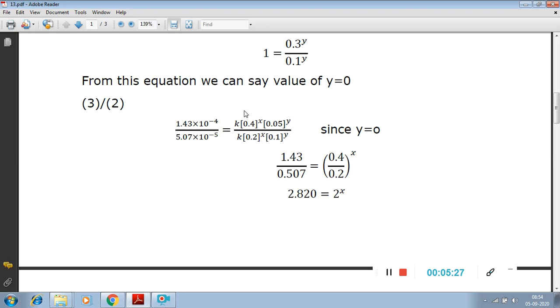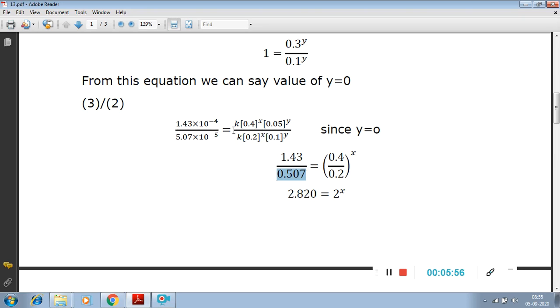Now 10 raised to minus 5 and 10 raised to minus 4 are here. So what I have done, 10 raised to minus 4 will be cancelled out. Only 10 raised to minus 1 will be left here. Minus 4 and minus 5 are there. That's why 1 point I have written ahead here, 0.507 I have written.